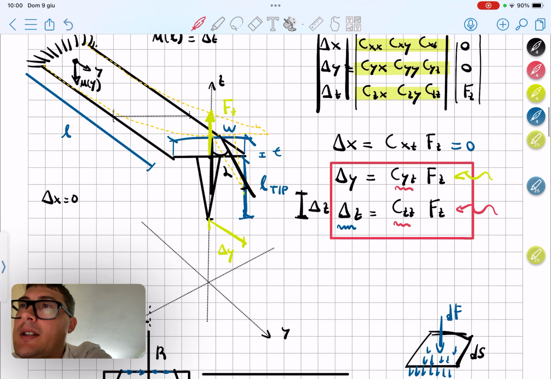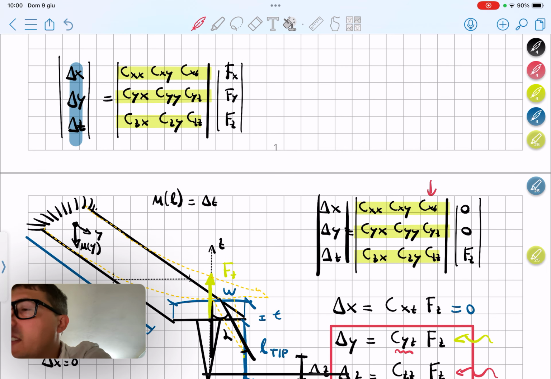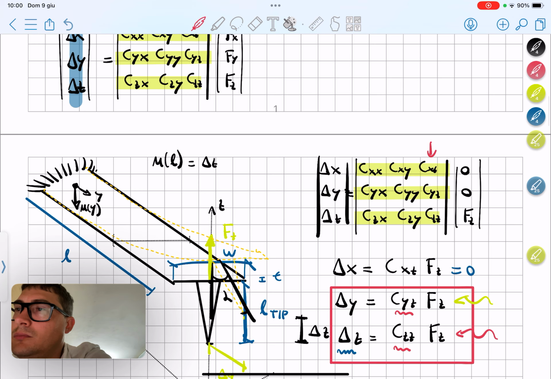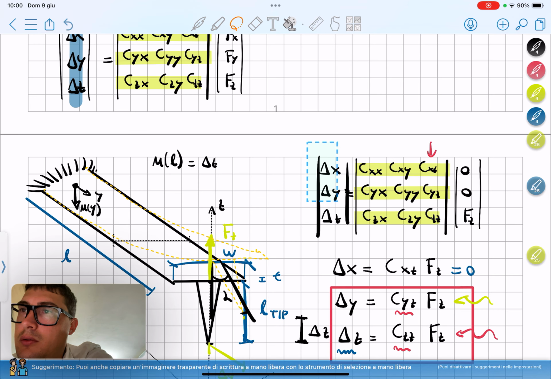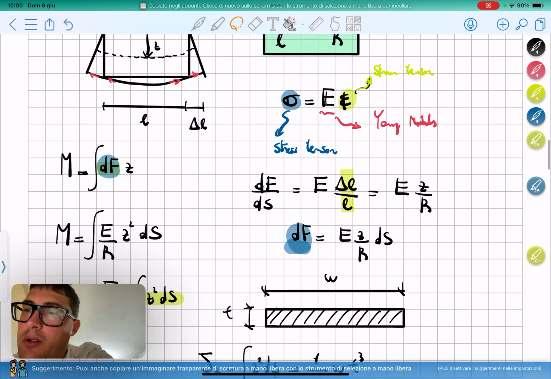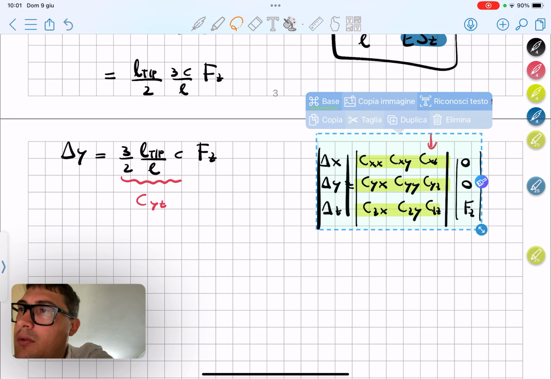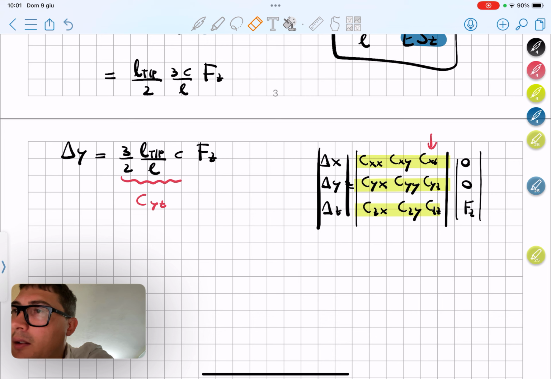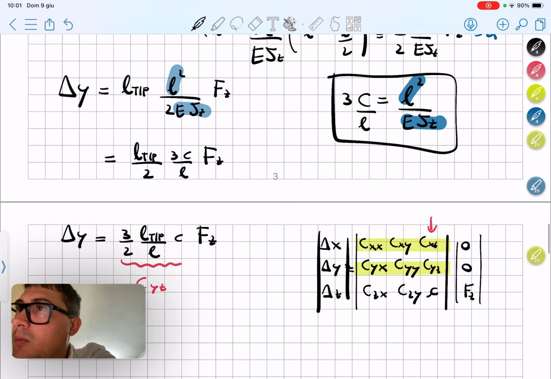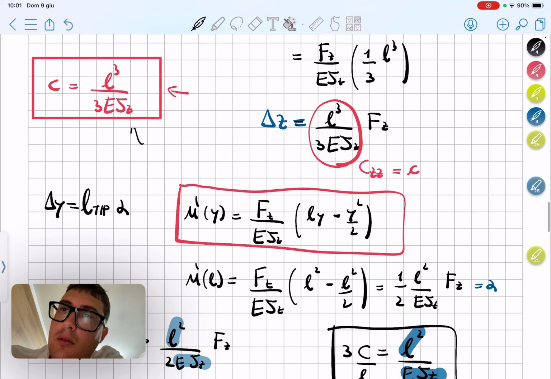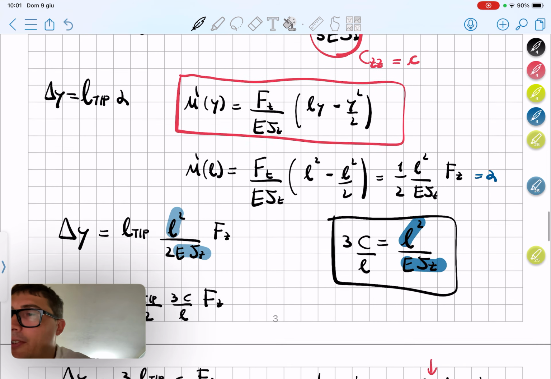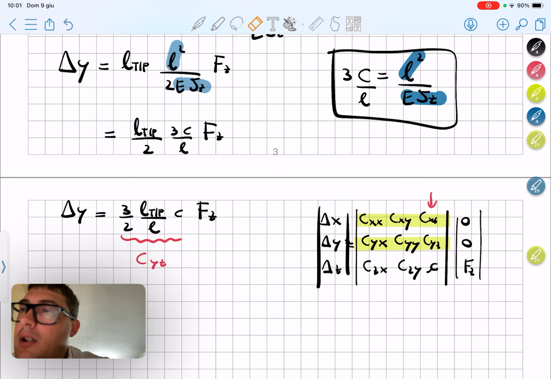So if we pick our bigger matrix here, this one, and we copy it down here. After all this calculation, we have obtained Czz, which is this quantity here, L to the cube divided by 3 EJz. And what else?